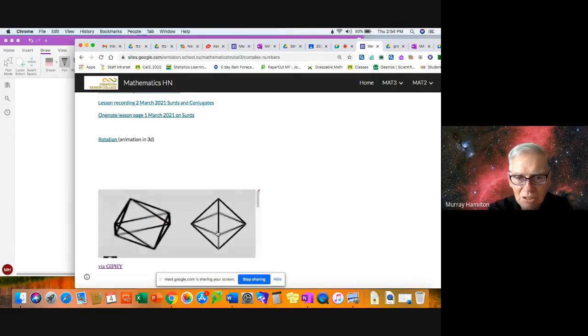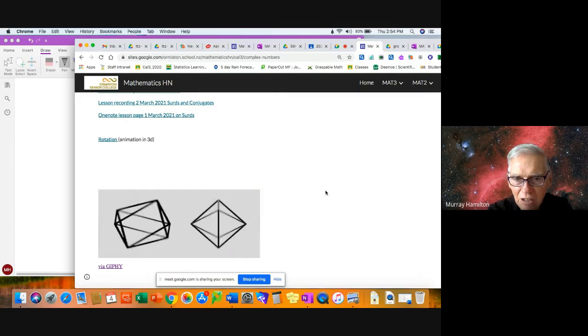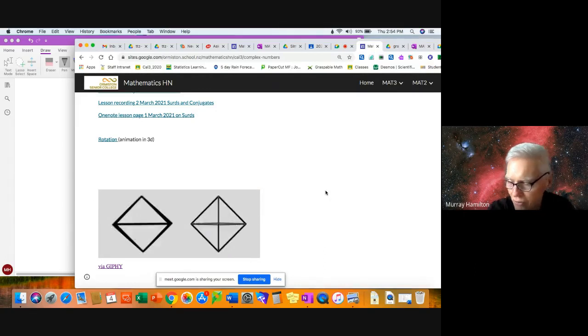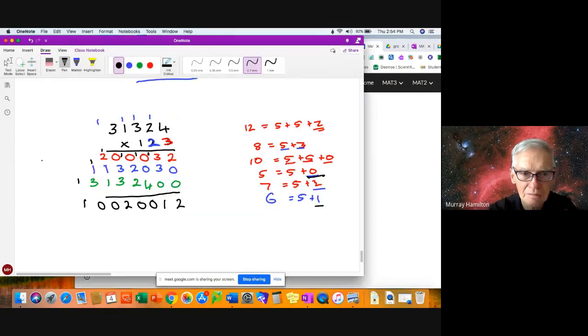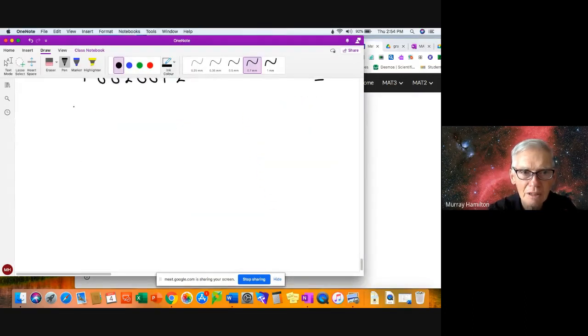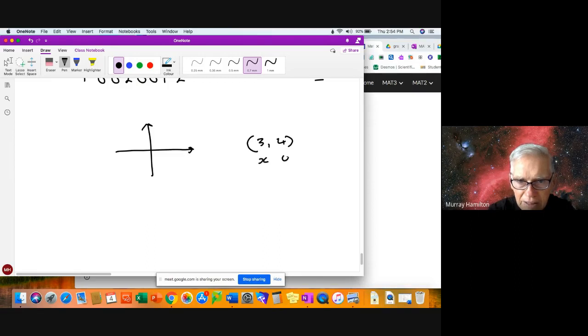But this is rotation in 3D, and I want you to think of your complex numbers as being in three dimensions. So what we have normally done is graphing of things in 2 dimensions. If we've got the point 3, 4, we say this is x and that is y.